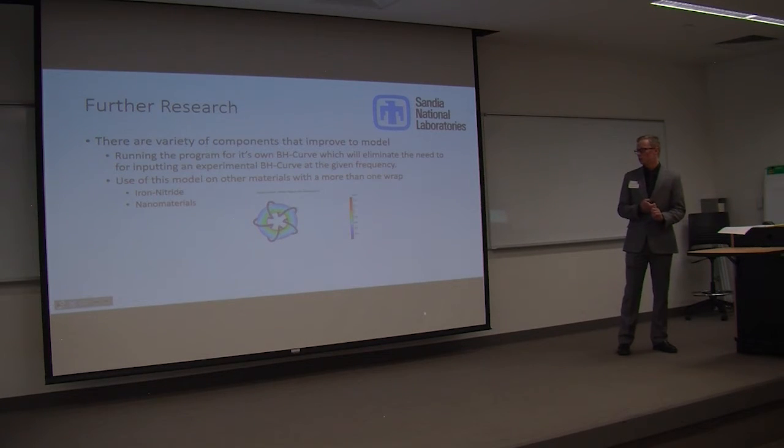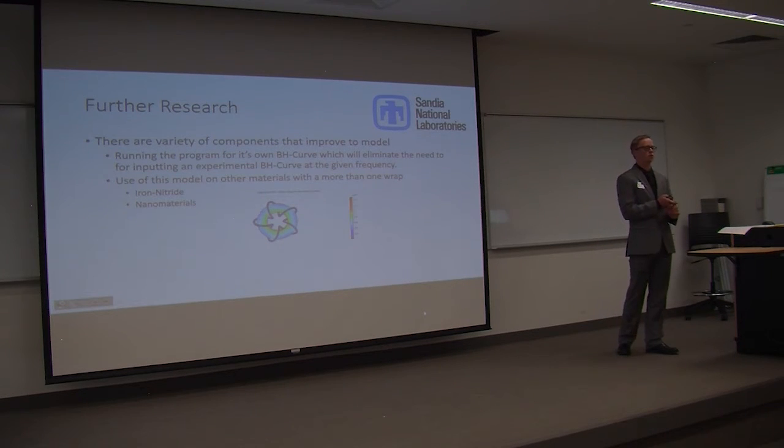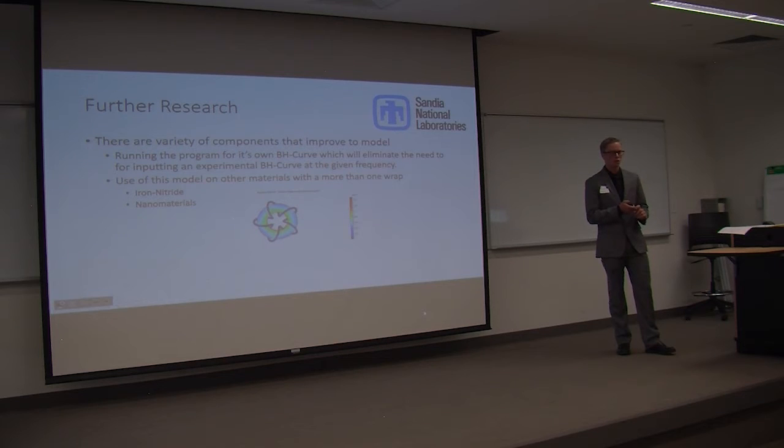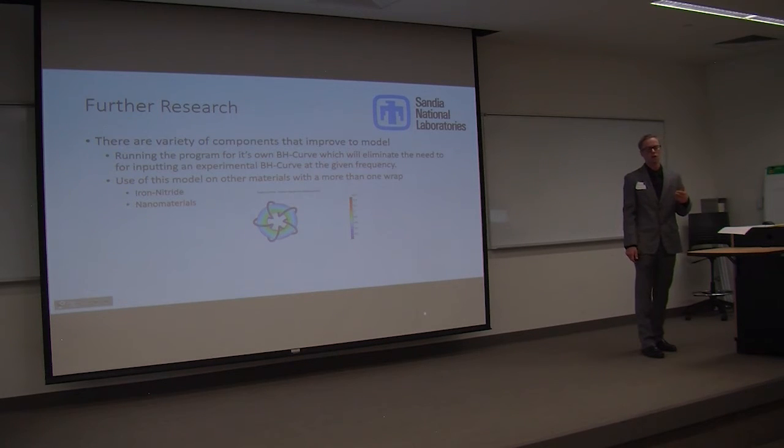This includes running my own BH curve, because right now I'm inputting it, and I can get a lot of those physical attributes from the BH curve that we input. But if I'm able to code a bit and create my own BH curve, I can use it as input to the model that I'm using now, which will make it self-sustainable and give us an idea about materials that we don't know about, which is what we're looking into: an iron nitride and different nanomaterials that are of interest.